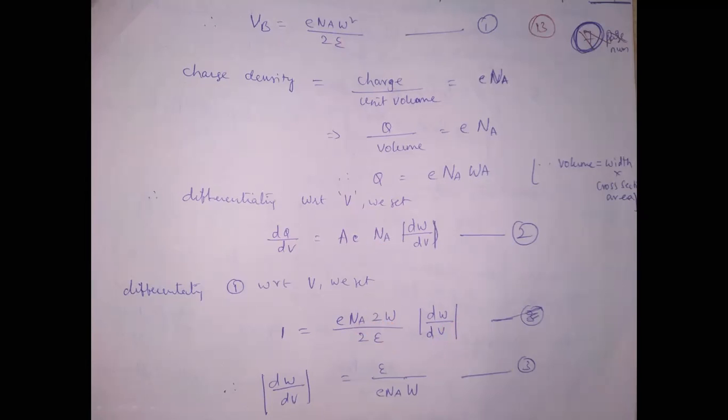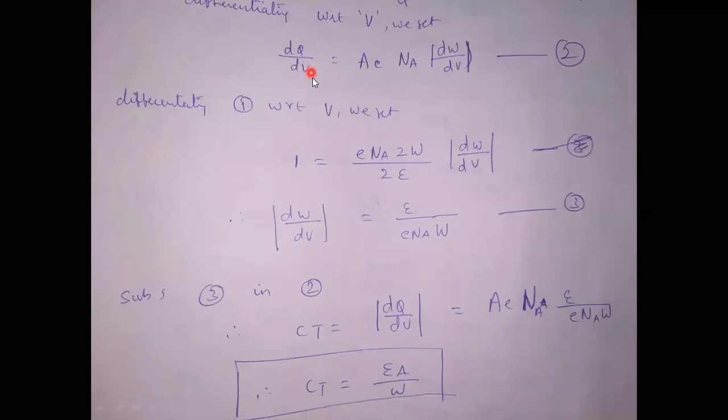So dW by dV equals epsilon by ENA W, because these two and these two are cancelled here. So dW by dV equals epsilon by ENA into W.